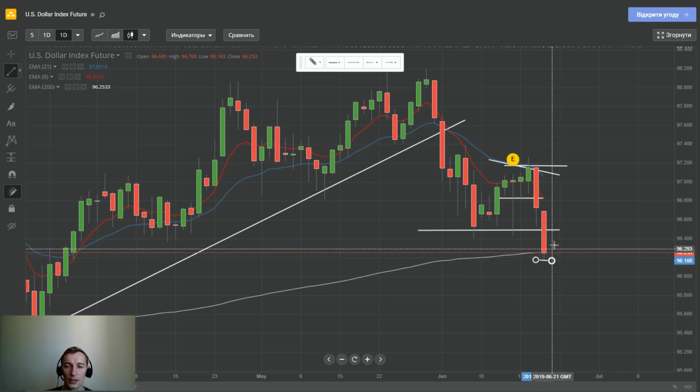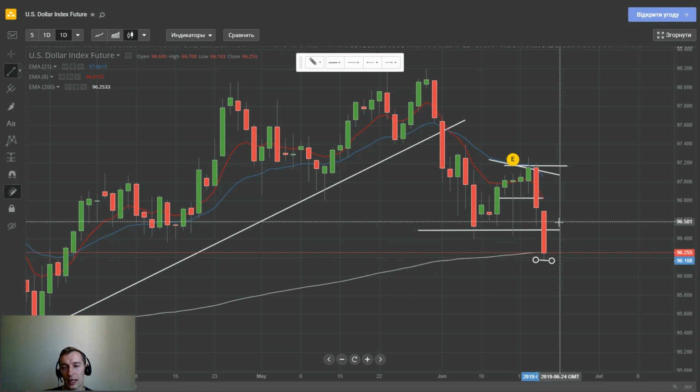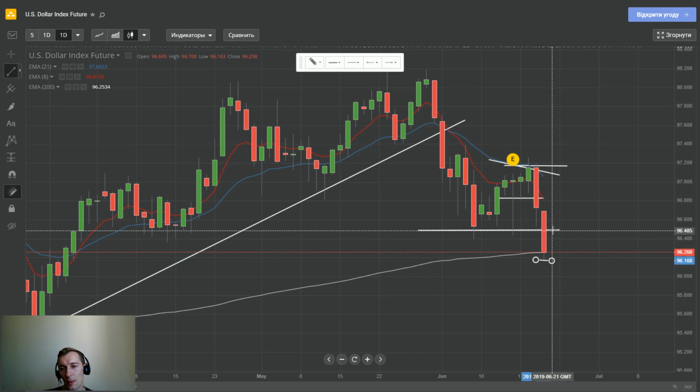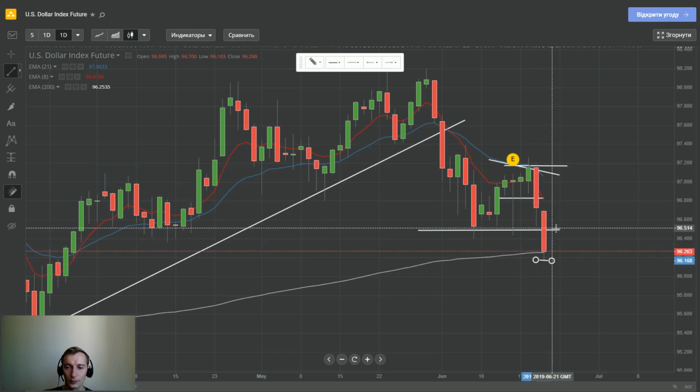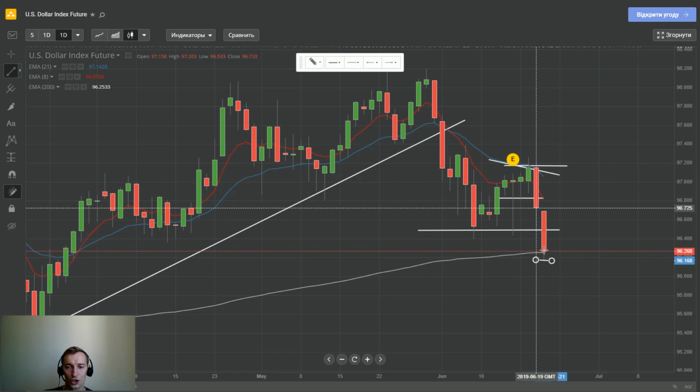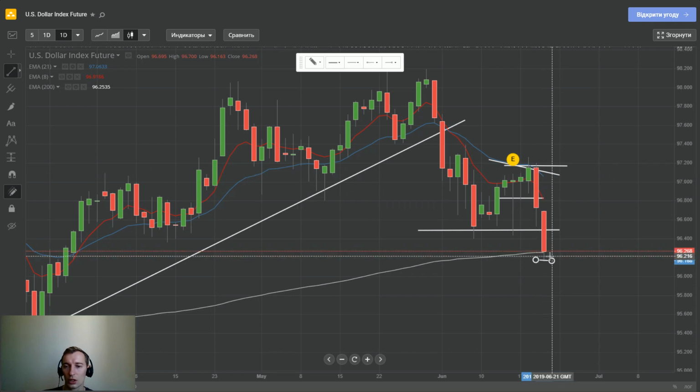And of course we can have maybe 2 or 3 days of a nice bounce to test some upper levels of resistance, like 96.50 as our first level and 96.80 as our second level, from where we started this second leg to the downside. So if you are positioned short, nothing to worry about.